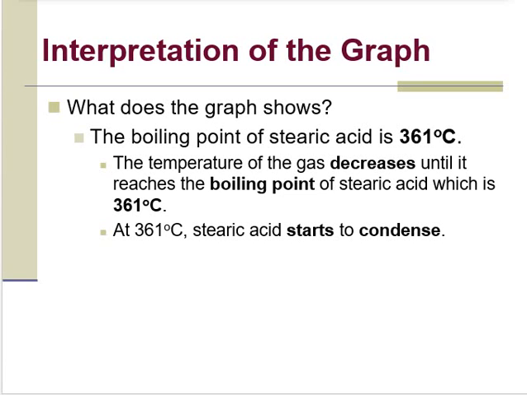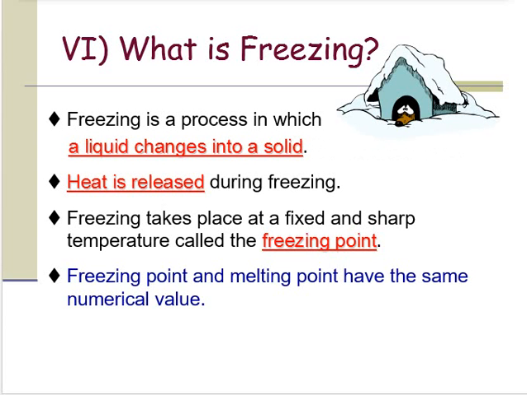And the difference is that at the starting part of the graph, part B, your stearic acid exists in the gaseous state. When condensation takes place, it will change to your liquid state, and once that is complete, your stearic acid will exist only in the liquid state over here.